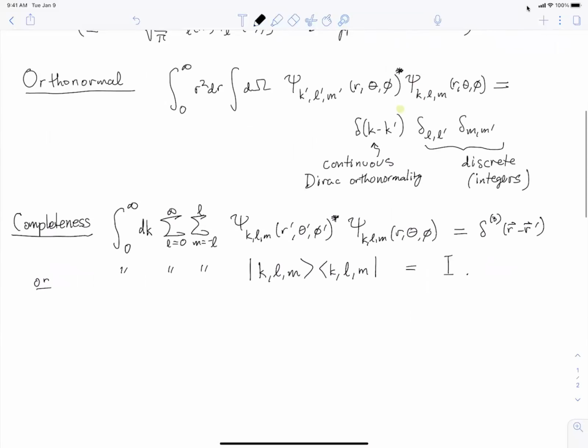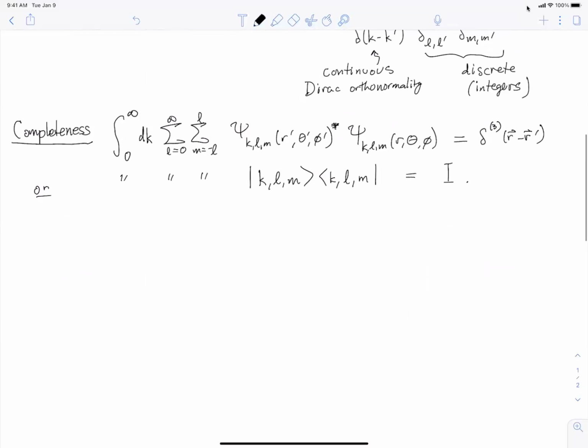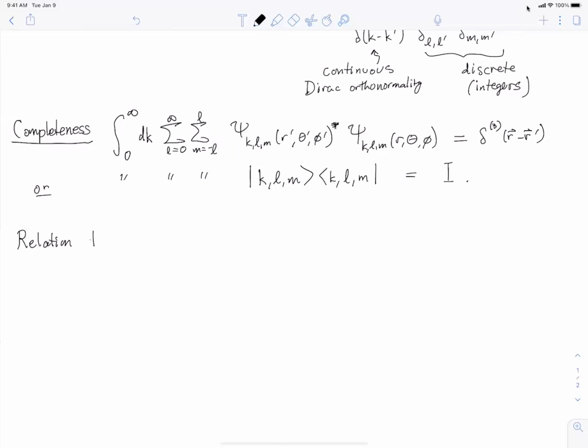Okay, so we have all these nice things that these spherical wave stationary states satisfy. And the next thing I'd like to talk about is the relation between them and the momentum eigenstates, which are P, and they correspond to a different complete set of commuting observables, namely just the three components of the ordinary momentum, but these are also eigenstates of the Hamiltonian.